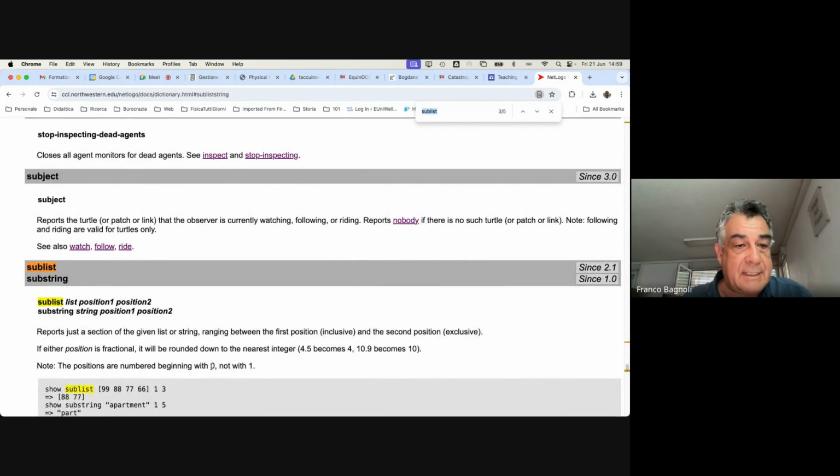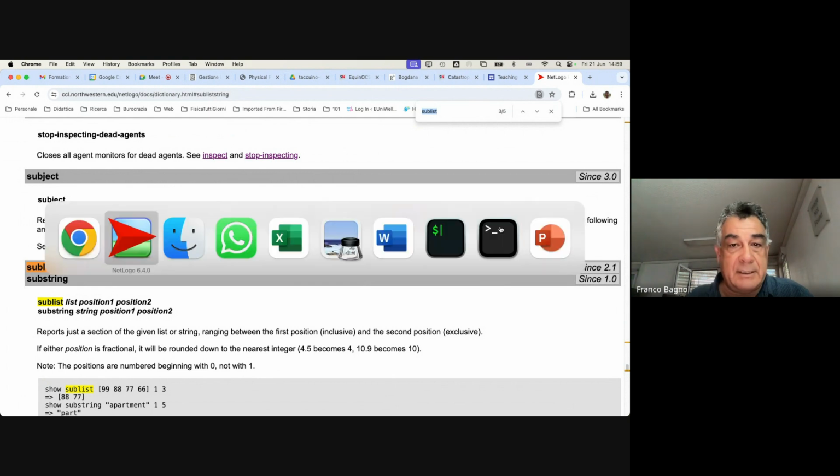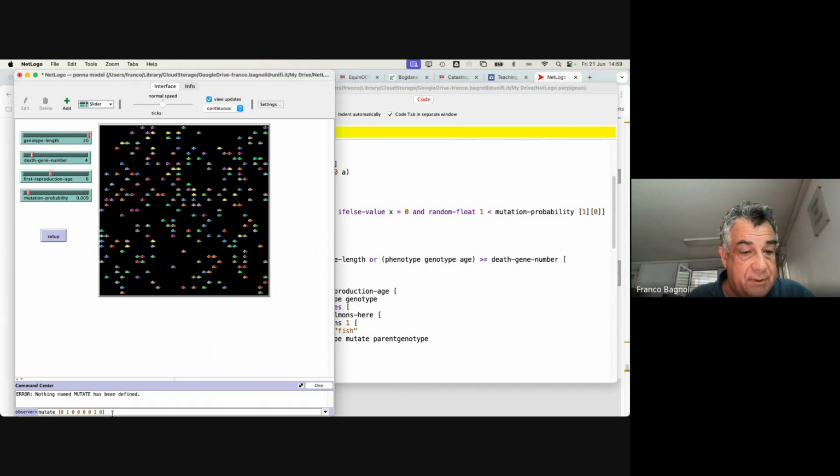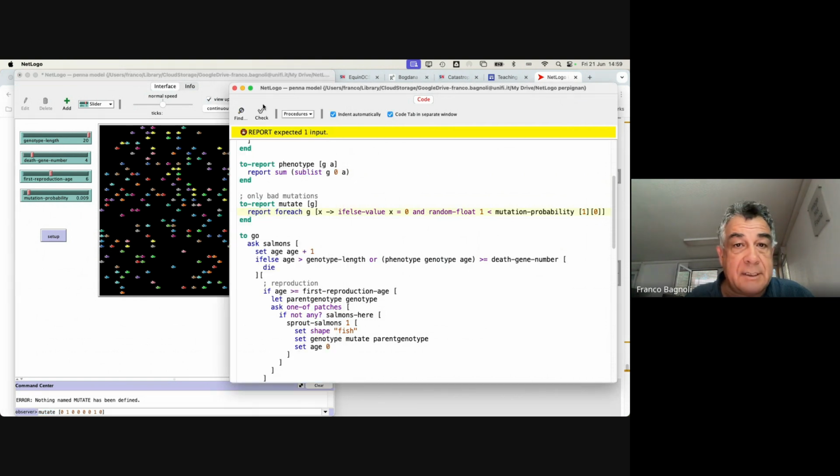Sublist has the same syntax, so okay, sublist. A string is just a list of letters. Let me see now if it works. Mutate, no, still something. Report expected one input.